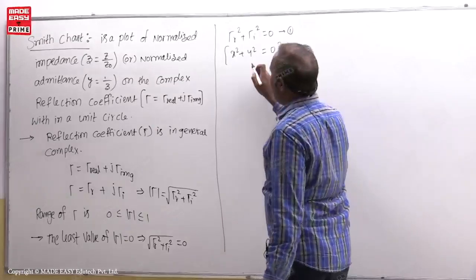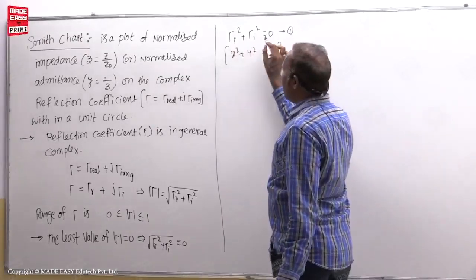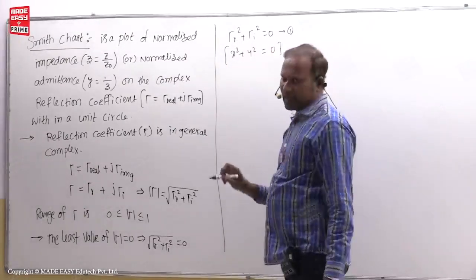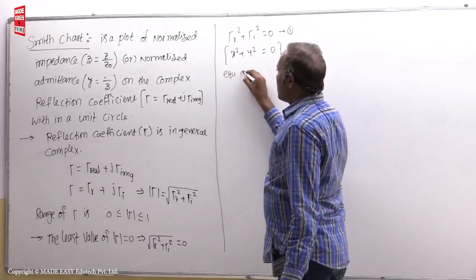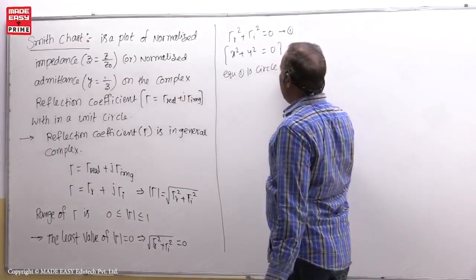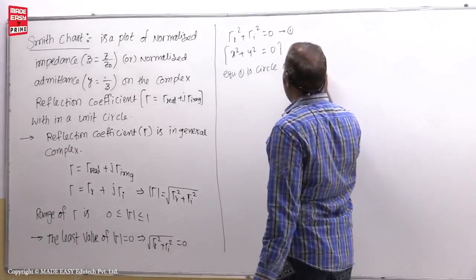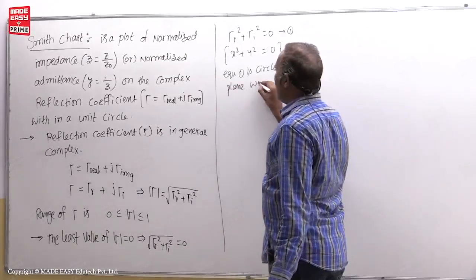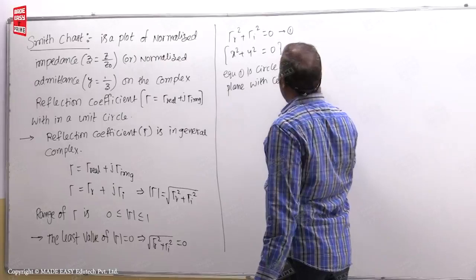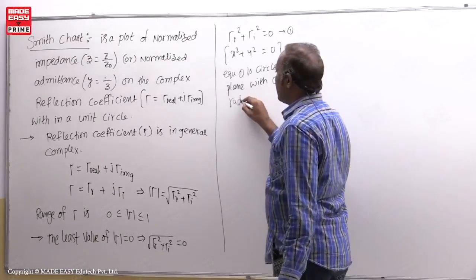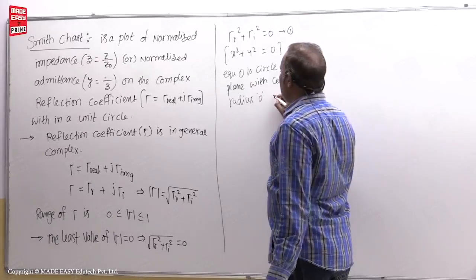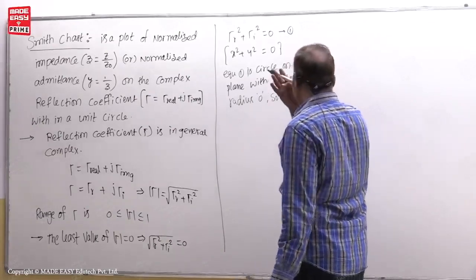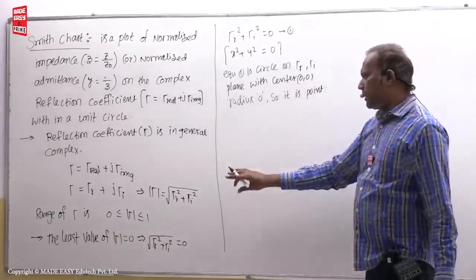So in this way, equation 1 is a circle on gamma r, gamma I plane with center 0, 0 and radius 0. So it is a point. I will draw here after discussing the maximum also.